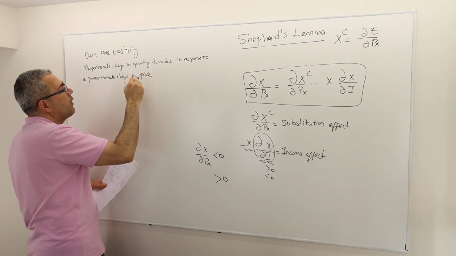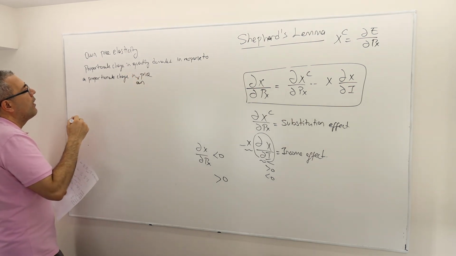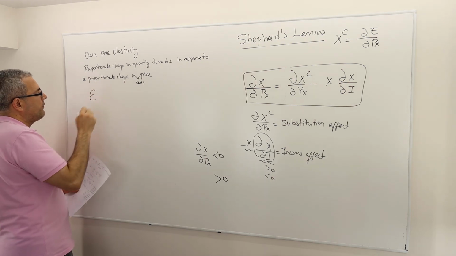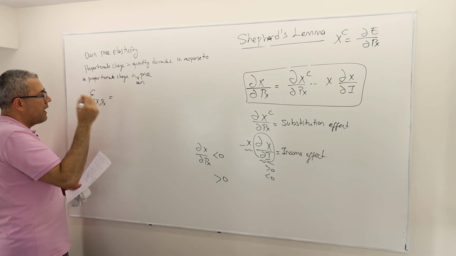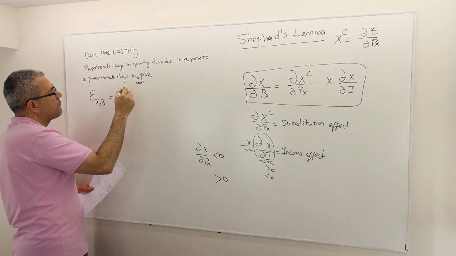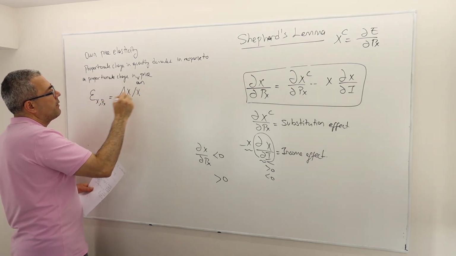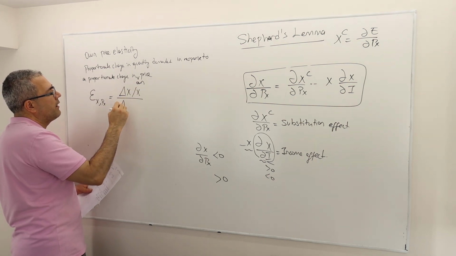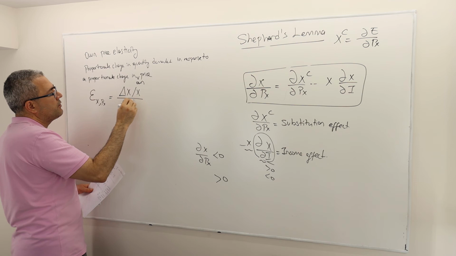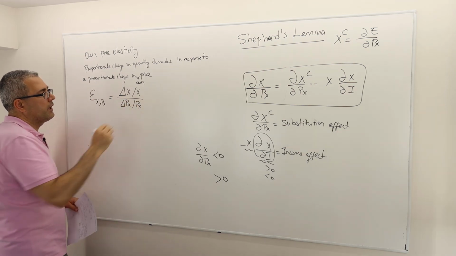It's the own price of the good. All right. So we denote it by epsilon. So for good X, Px, it's delta X divided by X, the proportionate change in quantity demanded, divided by the proportionate change in price of good X.